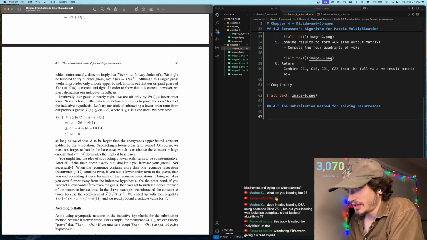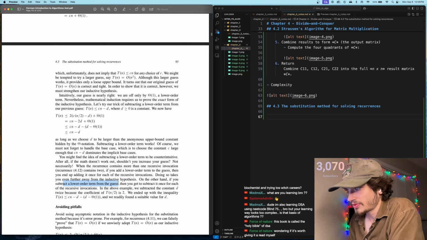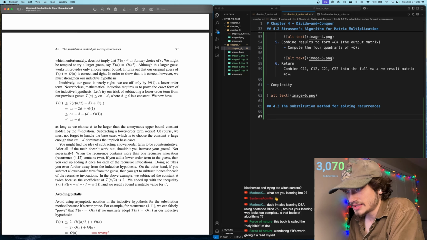On the other hand, if you subtract a lower order term from the guess, then you get to subtract it once for each of the recursive invocations. In the above example, we subtracted the constant d twice because the coefficient of T(n/2) is 2. We ended up with the inequality T(n) ≤ cn − d − Θ(1), for which we readily found a suitable value for d.